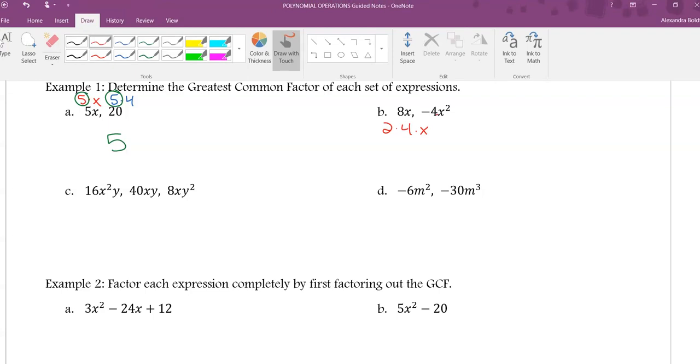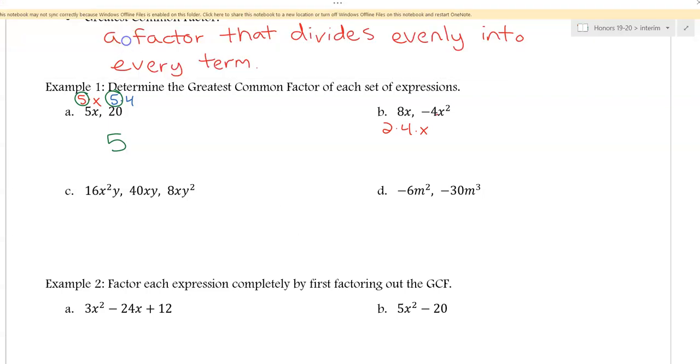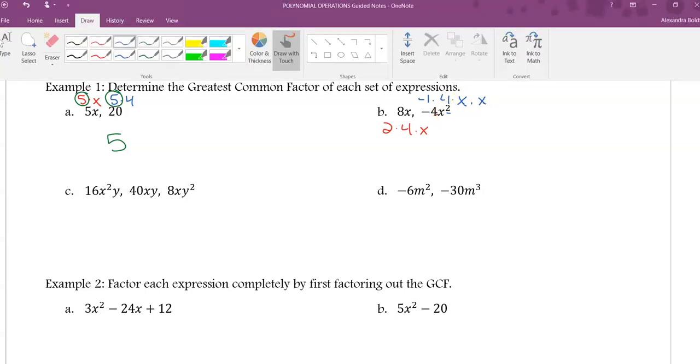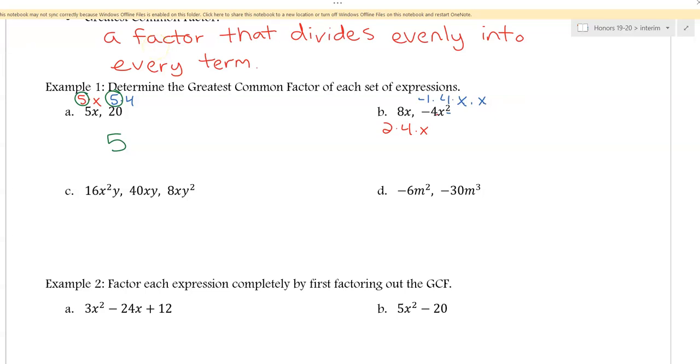Well, I'm not going to say that. Negatives are weird. If one's negative, one's positive, right? This is really negative 1 times 4 times x, because that x squared means there's 2 x's. But what do they have in common? Well, they both have a 4, and they both have an x. So my greatest common factor is 4x.